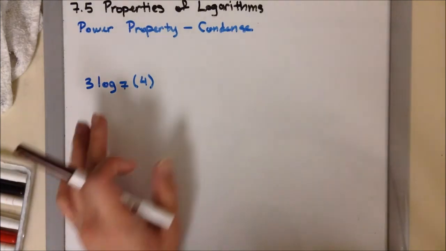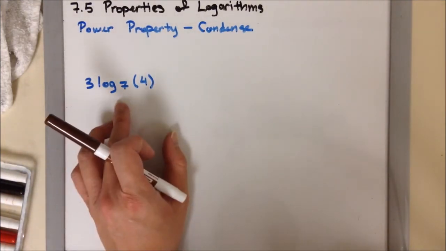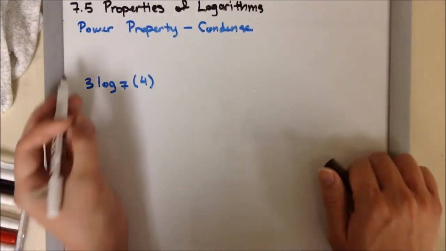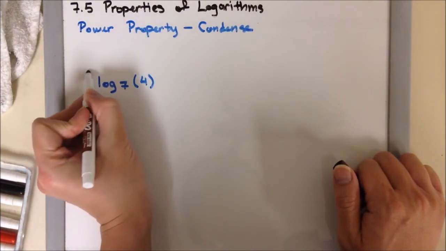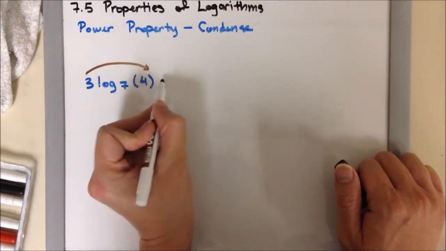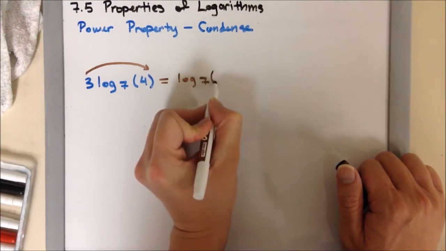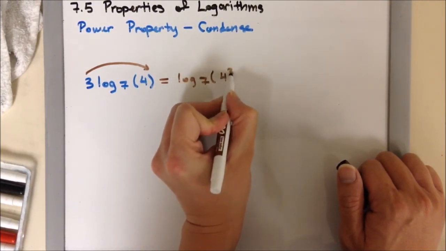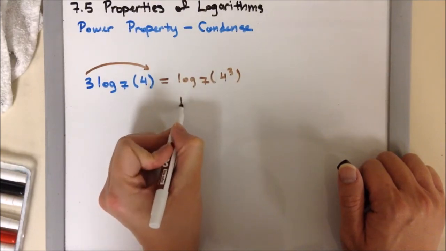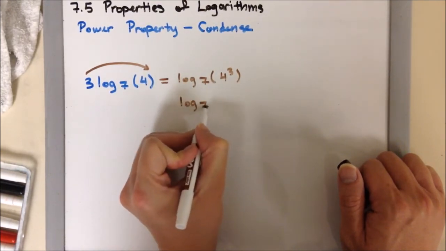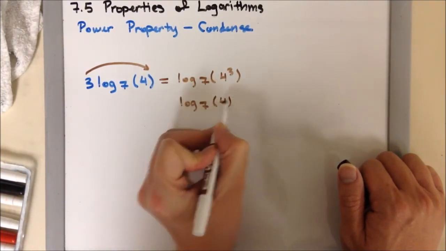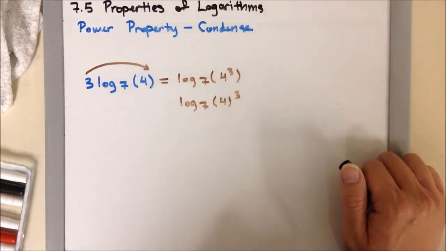In this example, we have 3 times log base 7 of 4. If you were to condense, I'm going to move my 3 as an exponent. So I'm going to rewrite it as log base 7 of 4 to the 3rd power. And again, you can also write it as log base 7 of 4 raised to the 3rd power, where the 3 is outside the parenthesis.